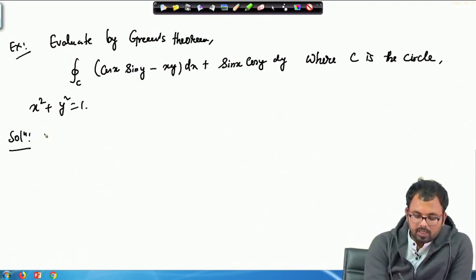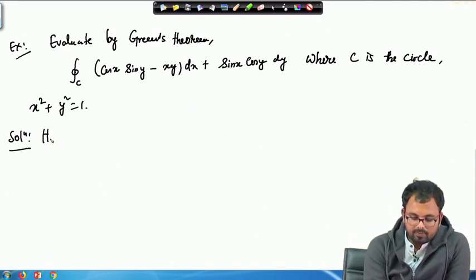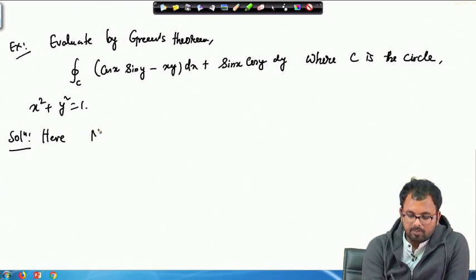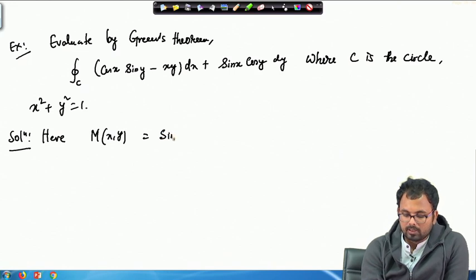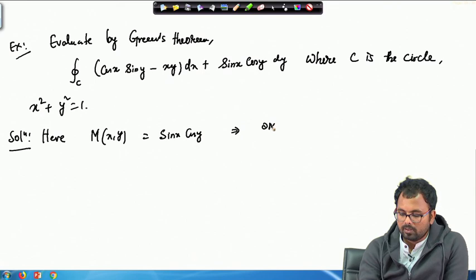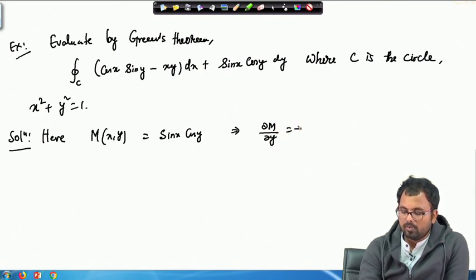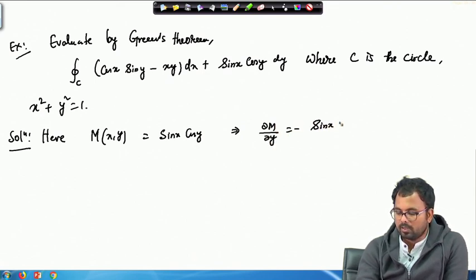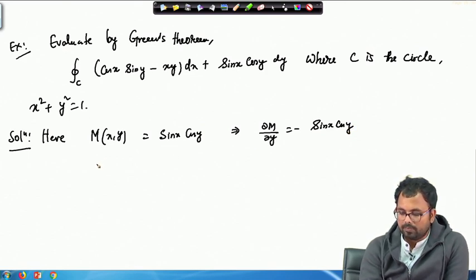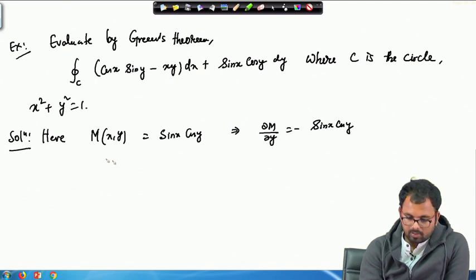So, then we can write here m(x, y) is sin x cos y. So, what will be our del m del y? Del m del y will be minus of sin x sin y, okay.